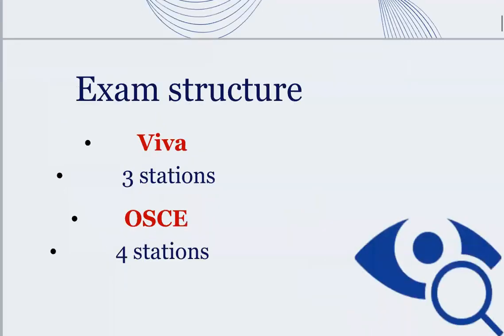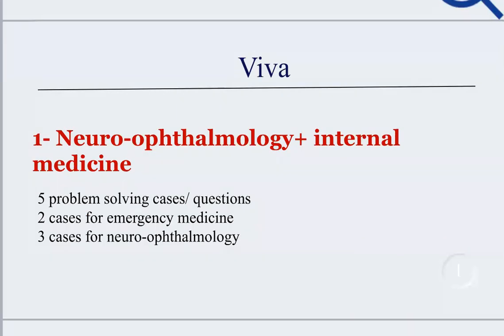Okay, regarding the exam structure, which is the first part of this orientation session, I have 3 Viva stations and 4 OSCE stations. In the Viva or oral part, the first section is neuro-ophthalmology plus internal medicine or emergency medicine, to be accurate.